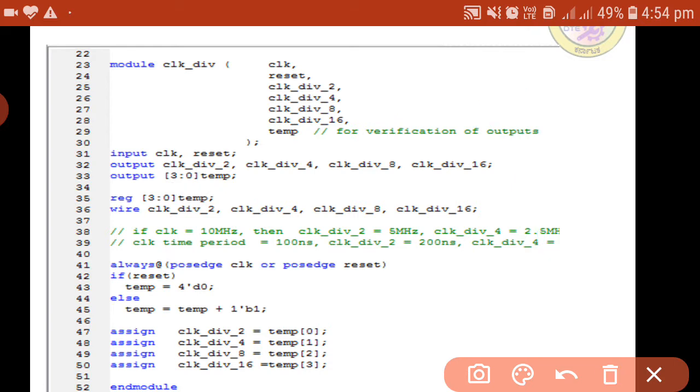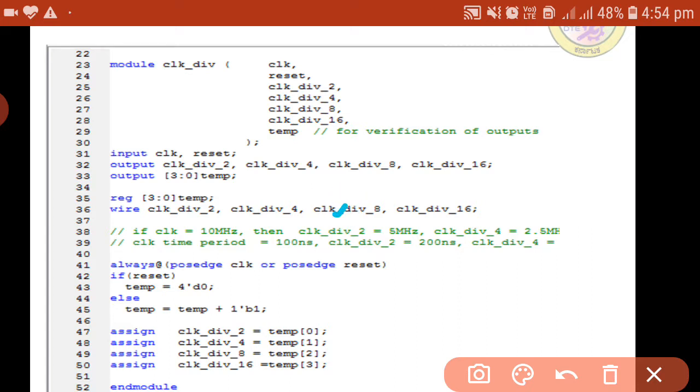Now the counter is declared as a register of type 3 down to 0, and all the clock outputs are declared as wires. Suppose, for example, the input clock is 10 megahertz.